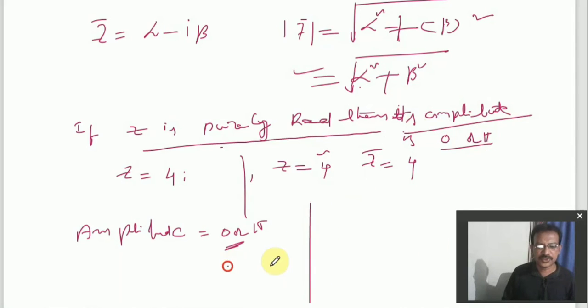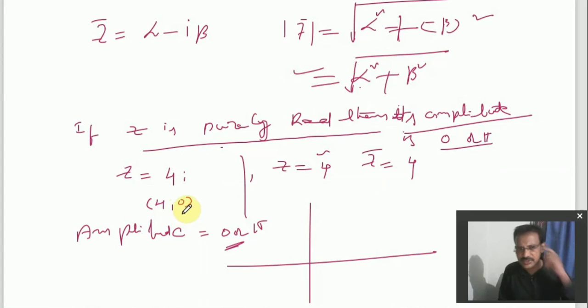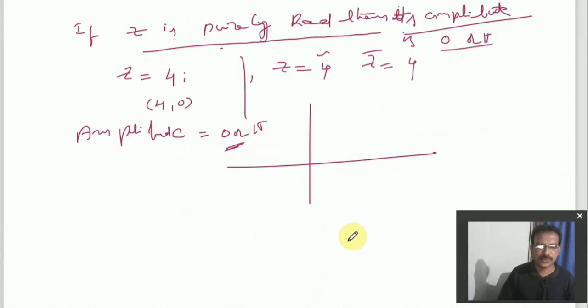Suppose z is equal to 4. In the Argand plane, you write 4 comma 0 as its corresponding point in the 2D plane. So 4 comma 0, where will it be? It will be on the positive real axis.